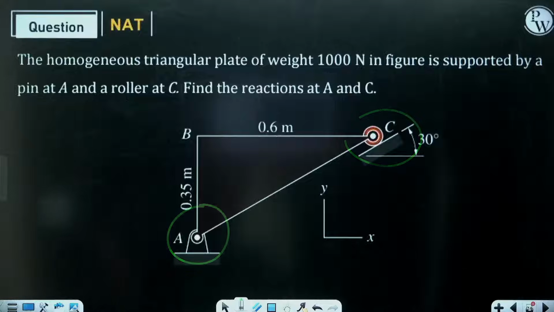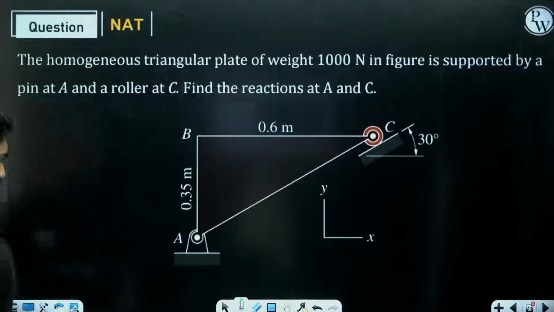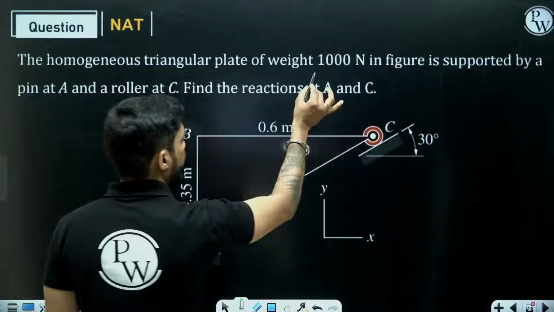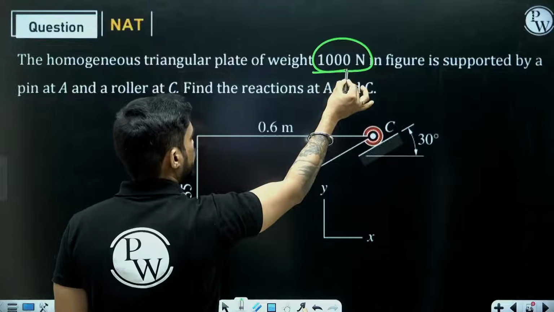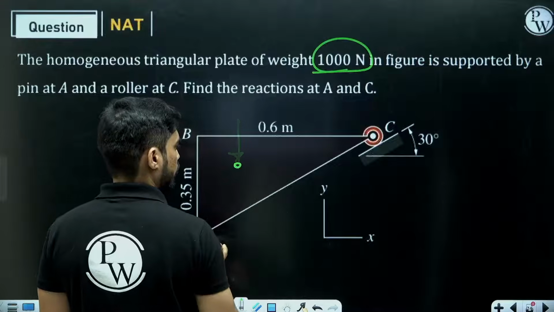It is homogeneous, which means the weight is equally distributed. It means we can assume the weight to be acting at the centroid of this plate.